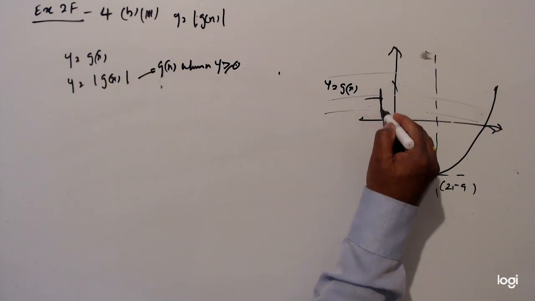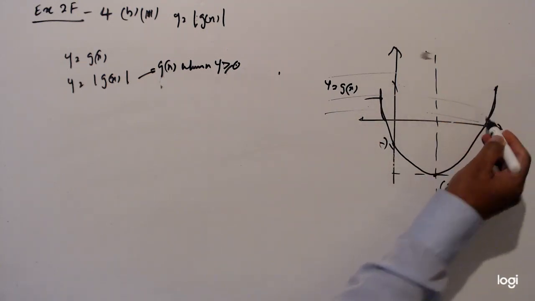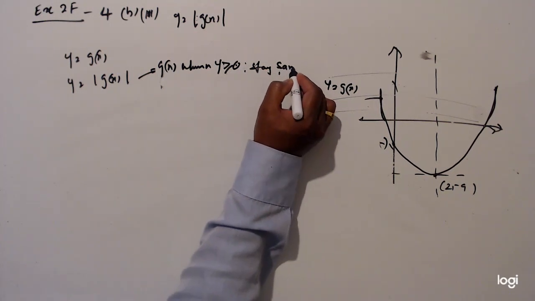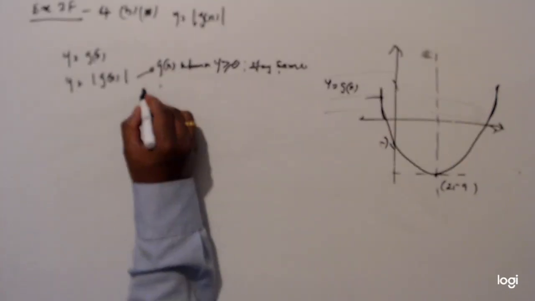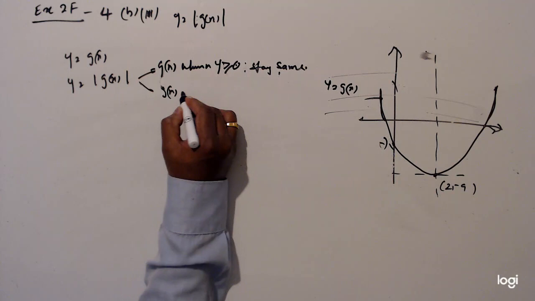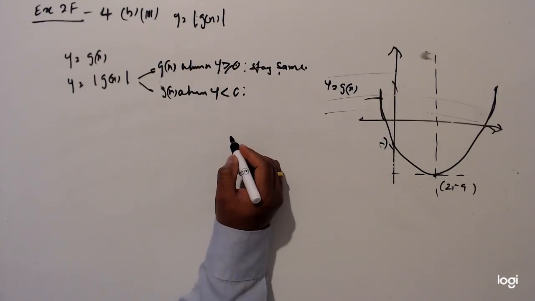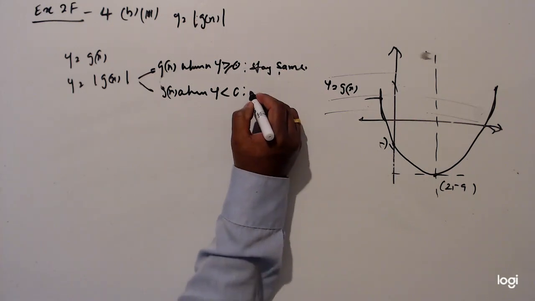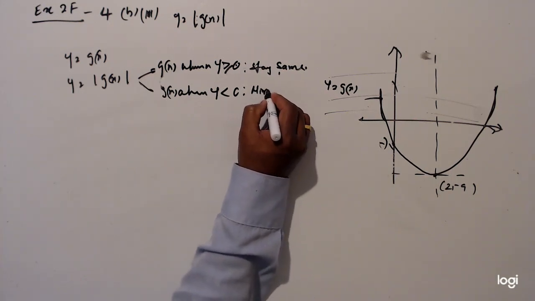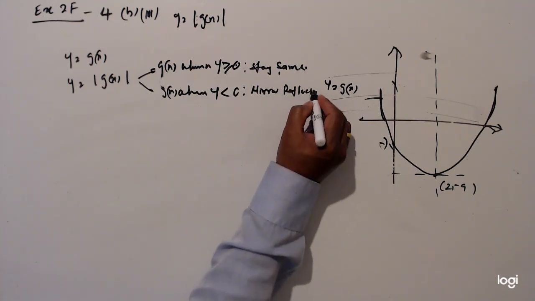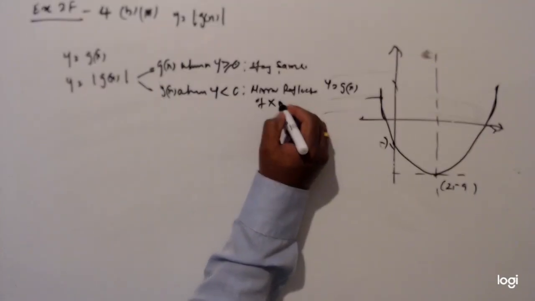It means in terms of the graph, this part stays the same. Then g(x) where y is less than 0 is a mirror reflection in the x-axis.